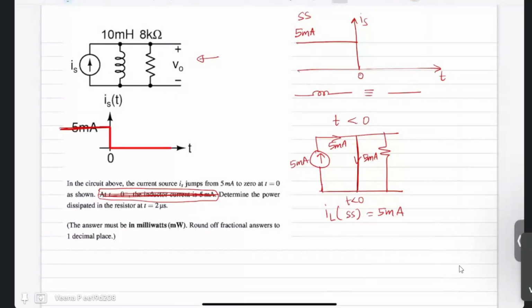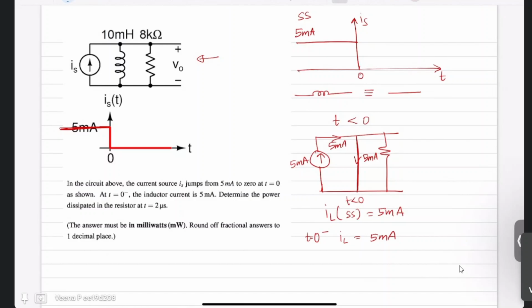So this information is unnecessary. Even if it is not there, you know that the inductor current is 5 milliampere before switching. That means at t equal to 0 minus, the inductor current was 5 milliampere because it already obtained steady state in the previous circuit. I hope I am clear. If there is any doubt, you can stop me and ask.